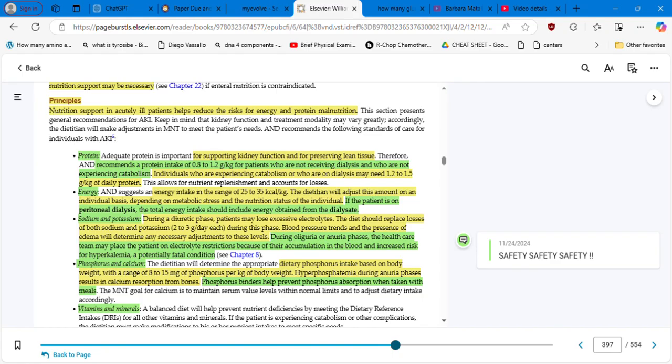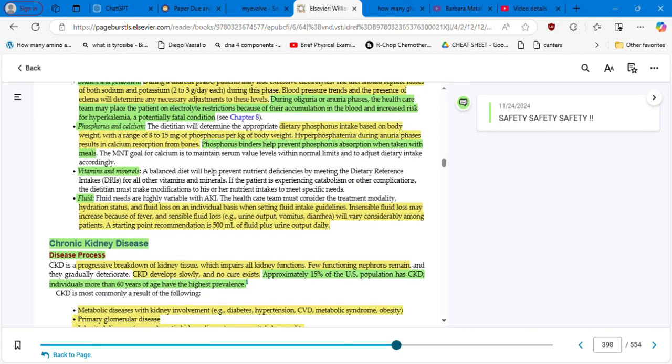Phosphorus and calcium. Dietary phosphorus intake is based on body weight, with a range of 8 to 15 milligrams of phosphorus per kilogram of body weight. Hyperphosphatemia during anuria phases results in calcium reabsorption from bones, so phosphorus binders help prevent phosphorus absorption when taken with meals. Then we are also going to consider vitamins, minerals, and fluids, depending on the hydration status.